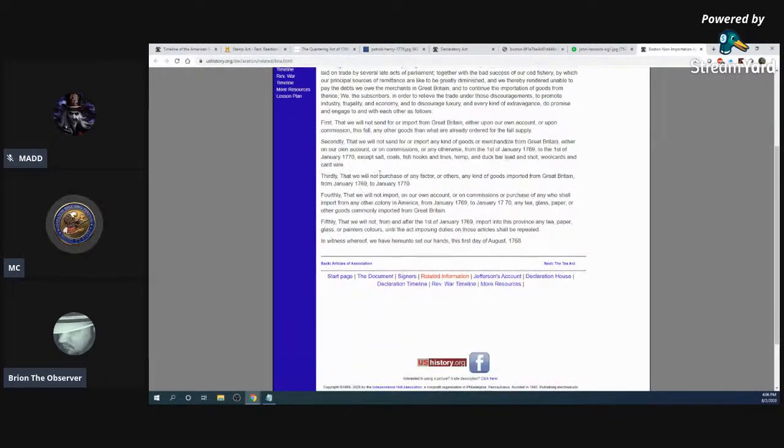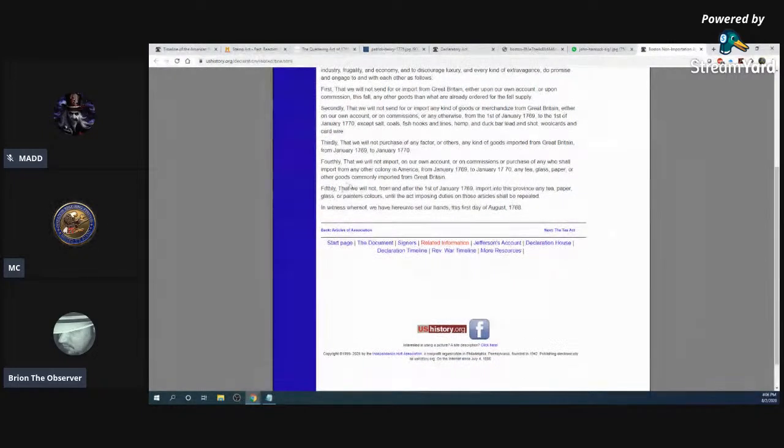Thirdly, we will not purchase from any factor or others any kind of goods imported from Great Britain. We will not import on our own account or on commission, or purchase any from any other colony, which is importing from Great Britain tea, glass, paper, or other goods commonly imported from Great Britain.